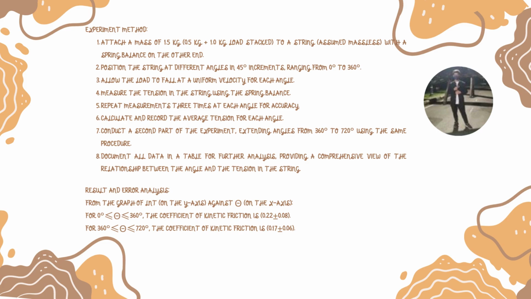For each angle, the load was allowed to fall at a uniform velocity, and the tension in the string was measured using the spring balance. These measurements were repeated 3 times at each angle to ensure accuracy, and the average tension was calculated and recorded.